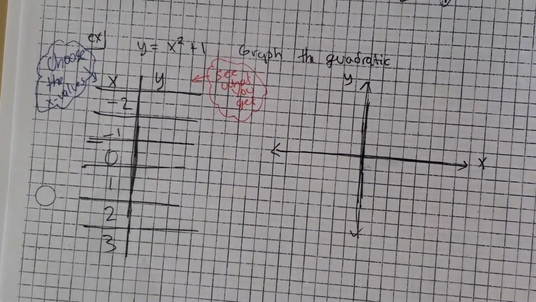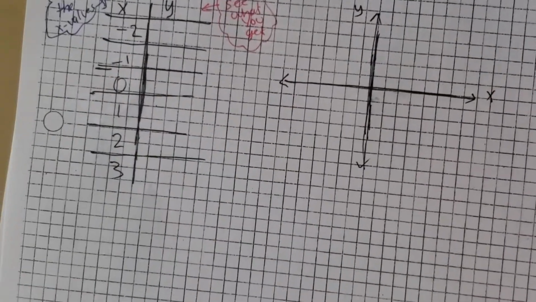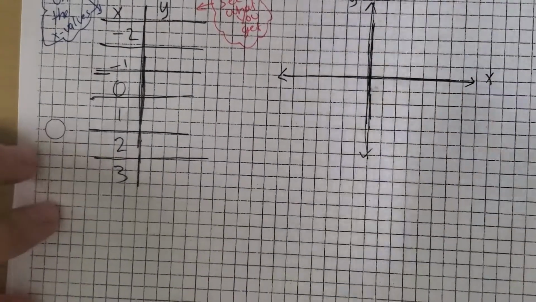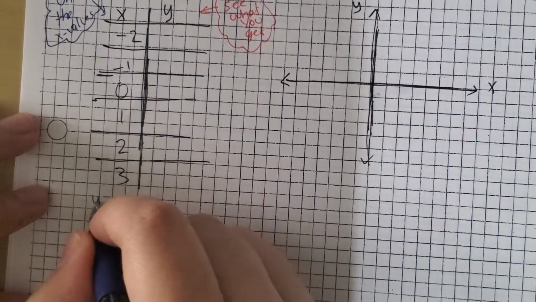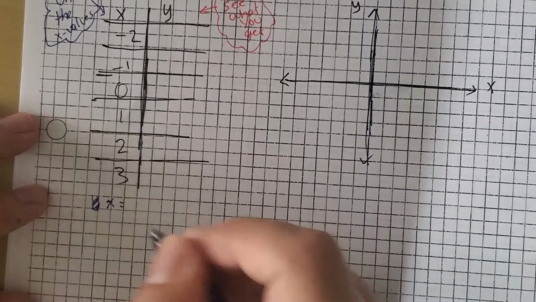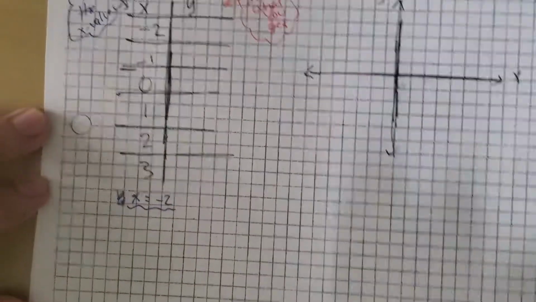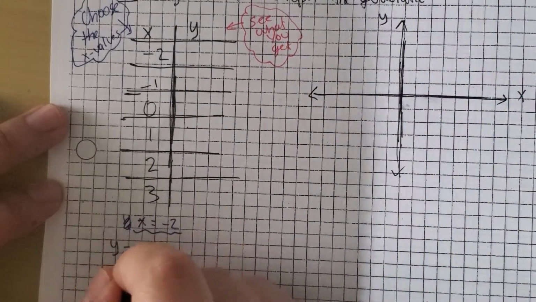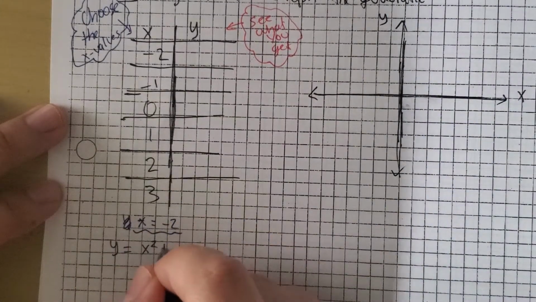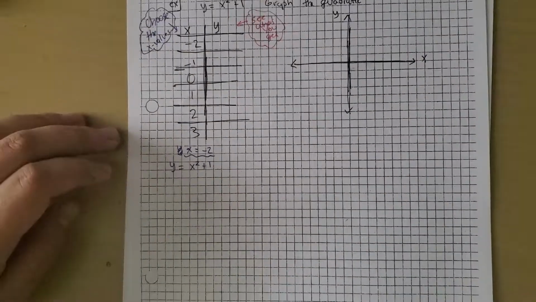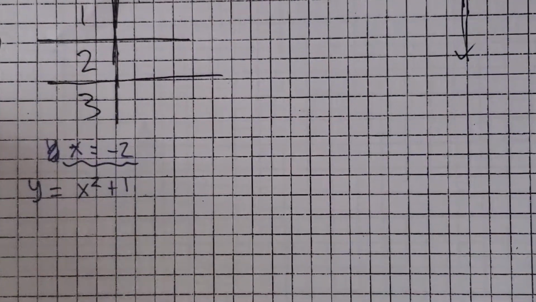Okay, now the way this is going to work is, I won't go through every single one, but let's say I want to focus on x equal to -2. So when x is equal to -2, remember our equation was y is equal to x squared plus 1. Let me zoom in so you guys can focus on this better.